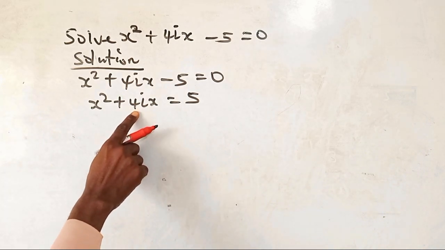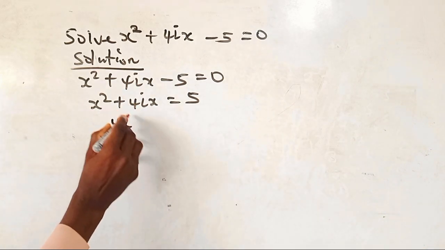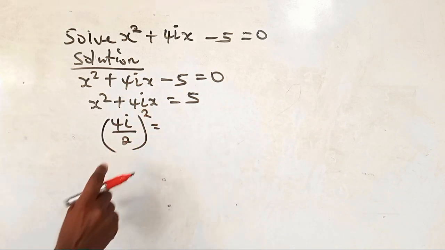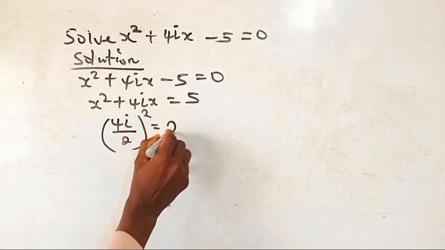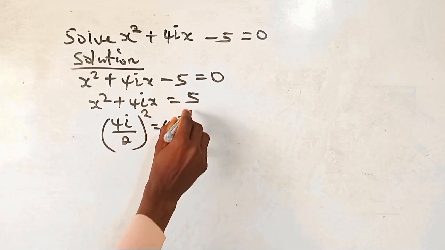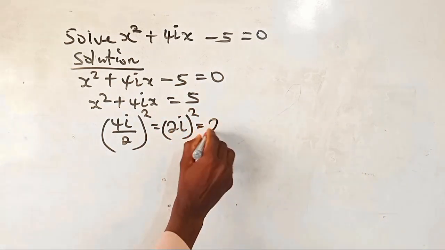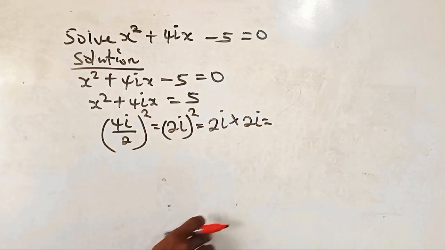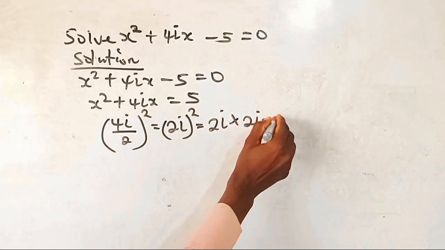This 4i, we divide it by 2 and we square our result. By the time we divide this by 2, we have 2i squared, which means 2i times 2i. Do not forget, 2 times 2 is 4.